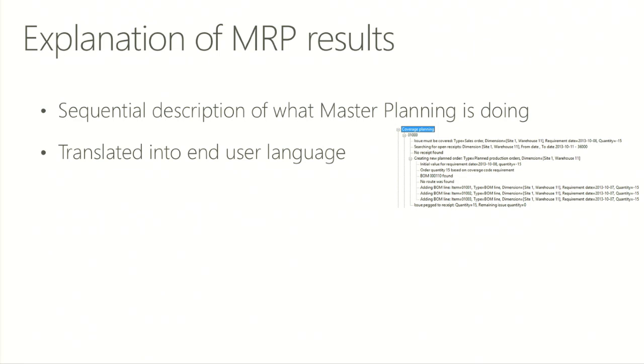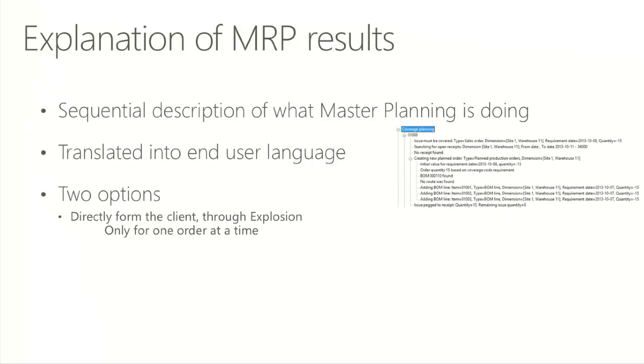So we tried to translate it into a user language, meaning that it's not saying I go from the rectrans table to this, and I do this and that, and then I have an if, then else, and so on. It's not like that. It's really trying to do it in a user language.